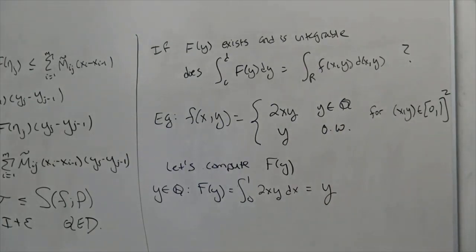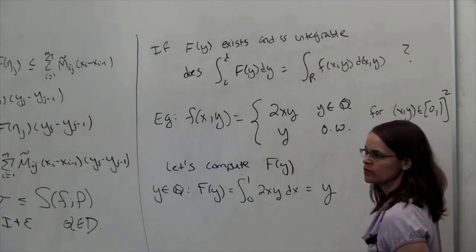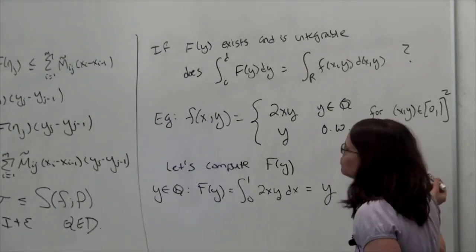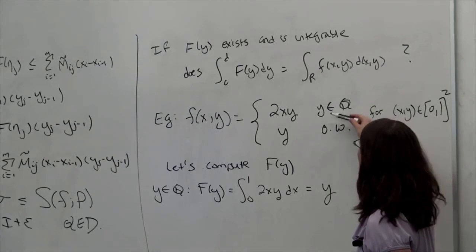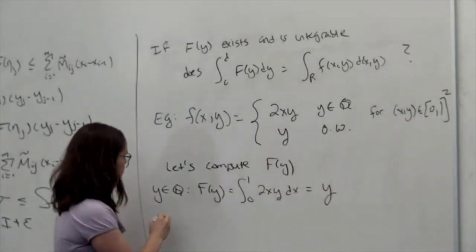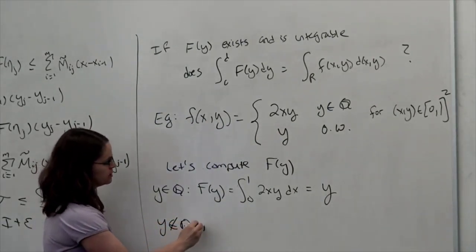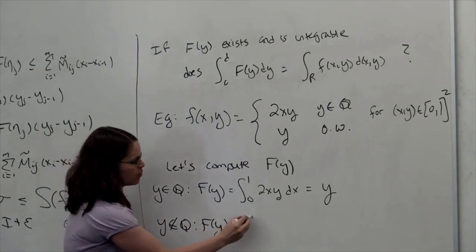Okay, so when y is rational, capital F works out to be this nice function. I mean, we expect it to work out to be a nice function because for fixed y, this is a perfectly nice function. Similarly, if y is irrational, we expect a nice function.